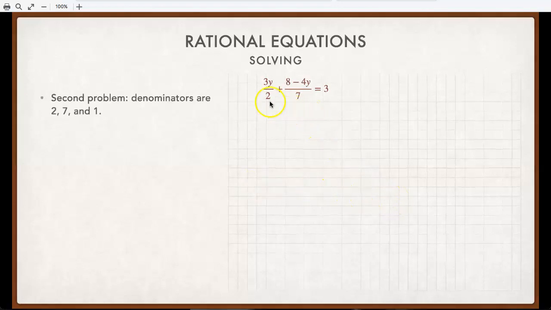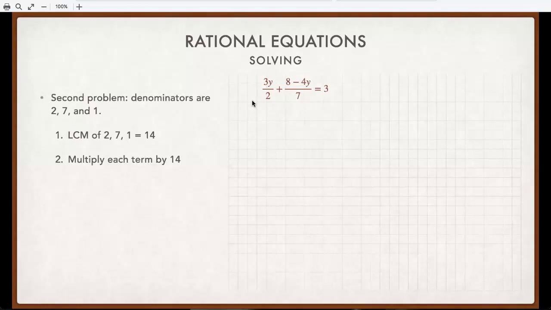In this one, our denominators are 2, 7, and 1, because we can think of this as 3 over 1. The least common multiple of 2, 7, and 1 is 14, so we'll multiply each term by 14. When we're multiplying these fractional terms by the least common multiple, you could think of it as 14 over 1, for example. So all we need to do really is multiply the top portion of each term by 14.